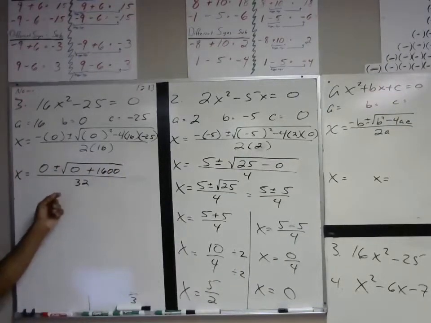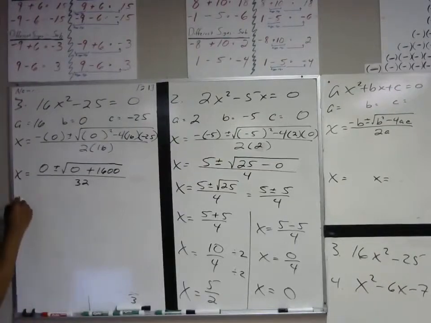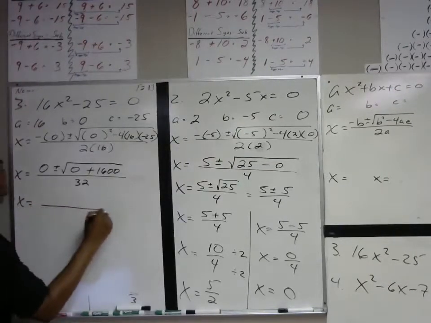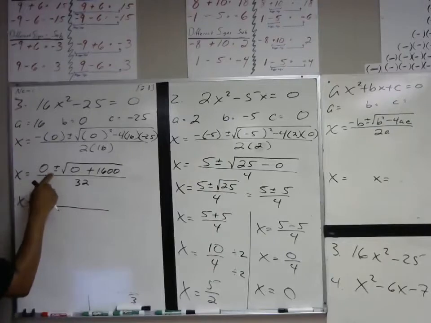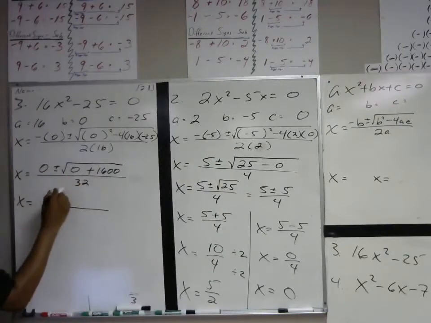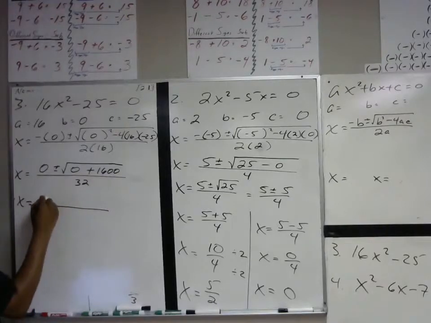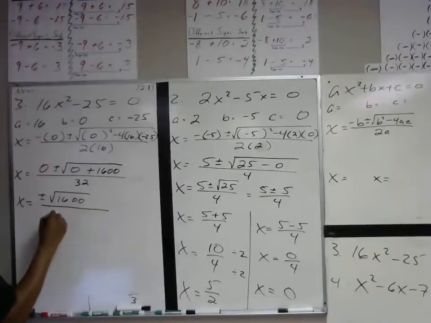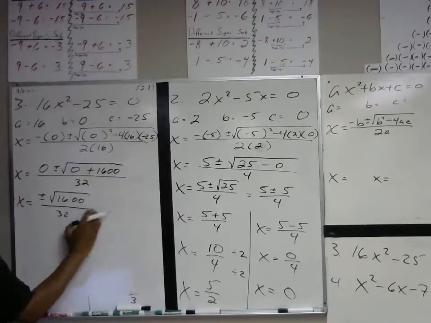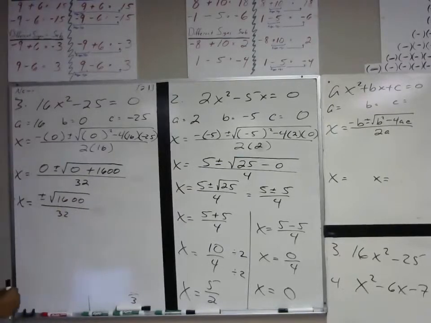Okay. So all the multiplications are done. So 0 added to anything is just the thing. And 0 added to 1600 is still 1600. So this gives us the plus or minus square root of 1600 all over 32. Now the square root of 1600 will be 40, I believe.